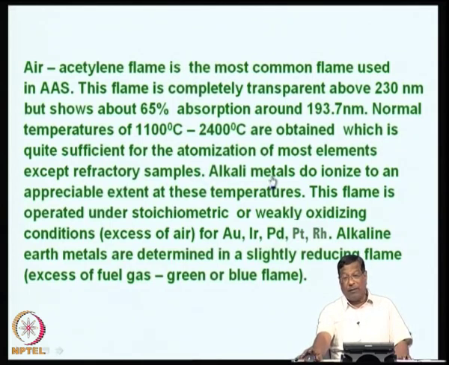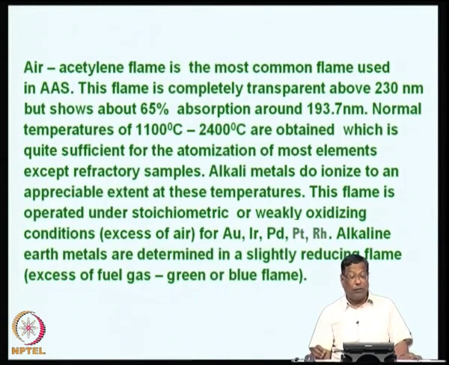Alkali metals present another kind of problem, because they ionize to an appreciable extent at these temperatures. We have seen in our previous discussion that at 2000 degrees, 3000 degrees, 4000 degrees centigrade, the ionization increases much more for alkali metals and alkaline earth metals.